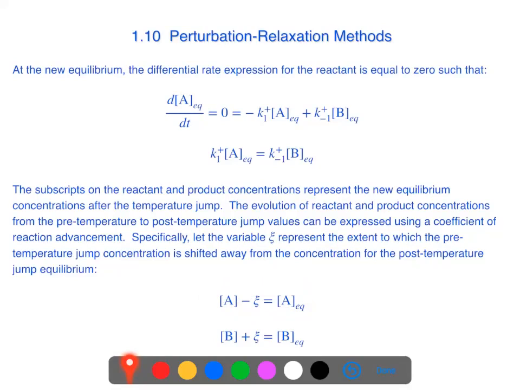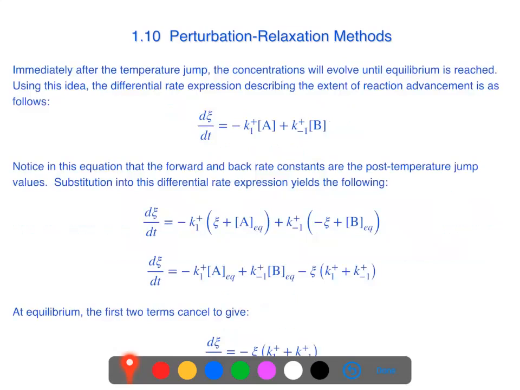So what we're saying is that the concentration of A for the post-temperature jump equilibrium is equal to the concentration of A pre-temperature jump minus this particular advancement of that reaction. And as we see a change in the concentration of A, we'll see a concomitant change in the concentration of B, but of opposite sign.